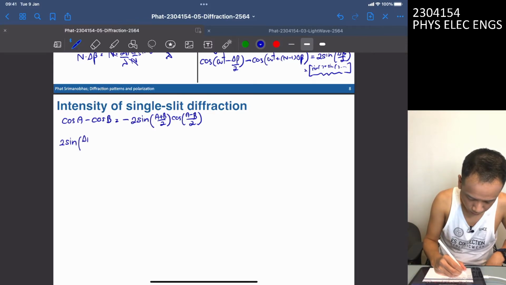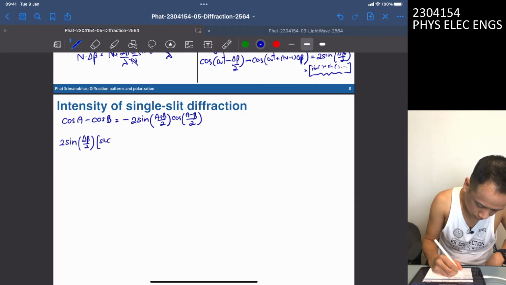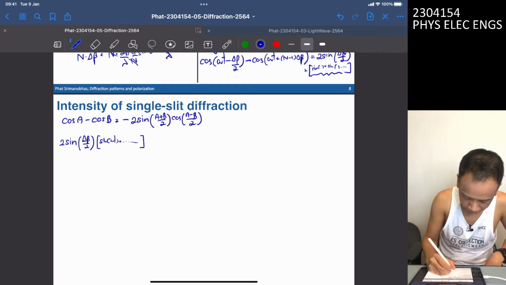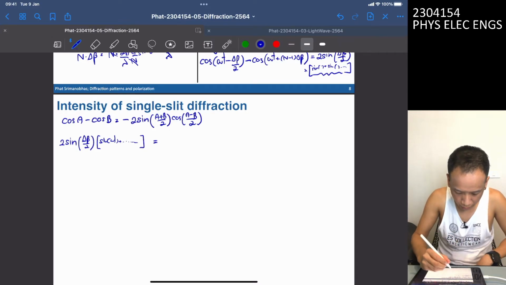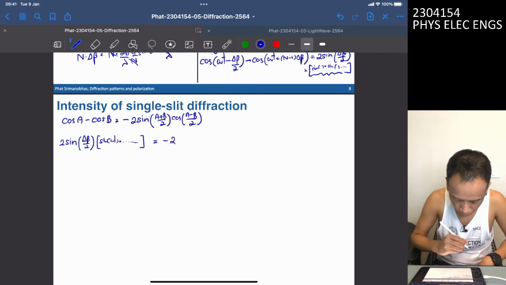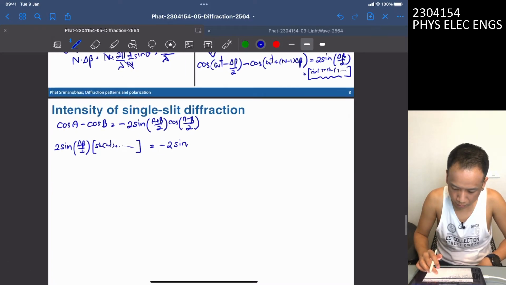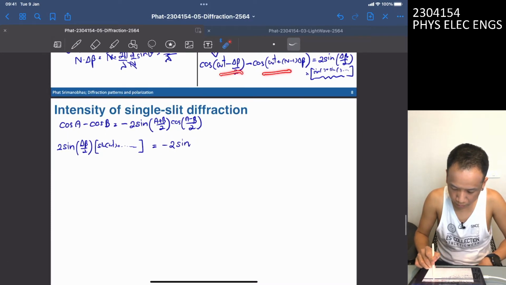So we have delta beta over 2, and then this is what we would like to find, equal to minus 2 of the sine. You sum this thing, so it's the 2 omega, right?